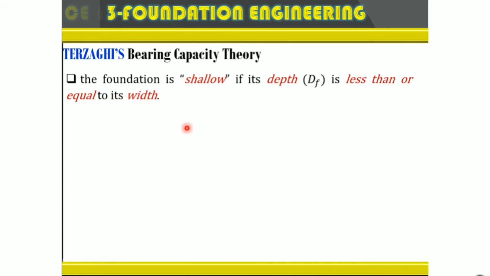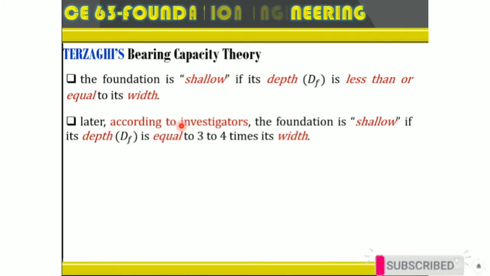Okay, but later, according to some investigators, especially at present, the foundation is considered shallow if its depth is equal to 3 to 4 times its width. But as to Mr. Terzaghi, we have to adapt to this one, in which it is considered shallow if it is less than or equal to its width.